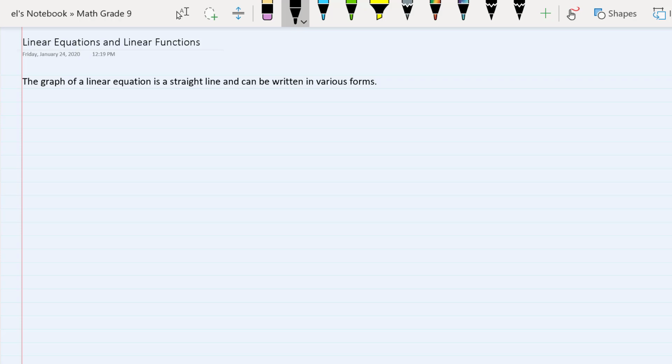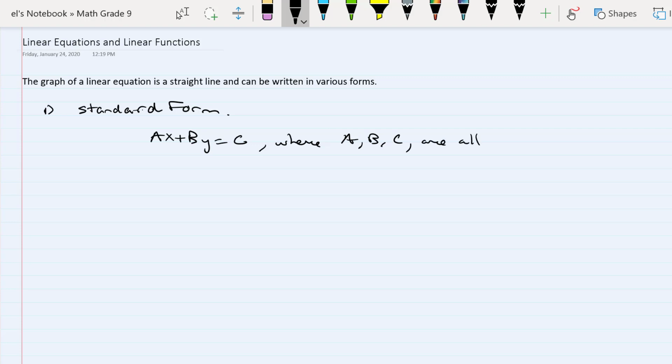The first form, known as the standard form, can be written as ax plus by equals c, where a, b, c are all real, and a and b are non-zero.